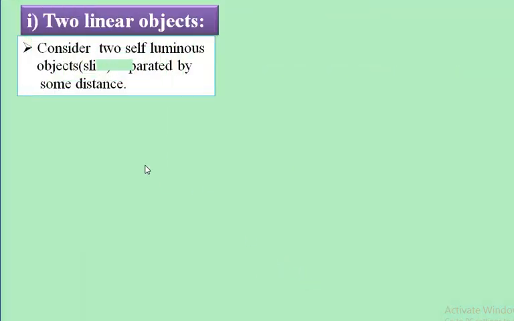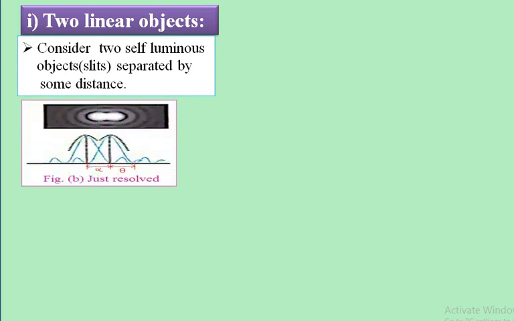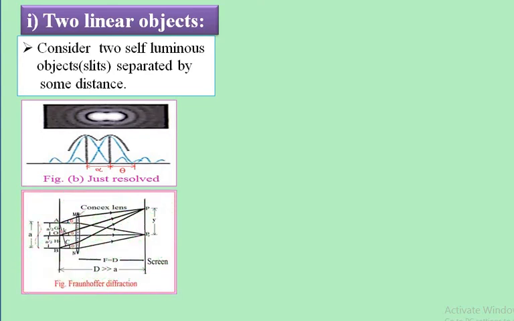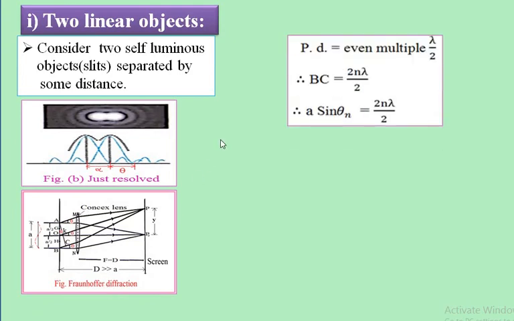Two linear objects. Consider two self-luminous objects, like a slit, separated by some distance. Here the diagram for the just resolved condition is shown, and the second diagram is the ray diagram for the Fraunhofer diffraction.